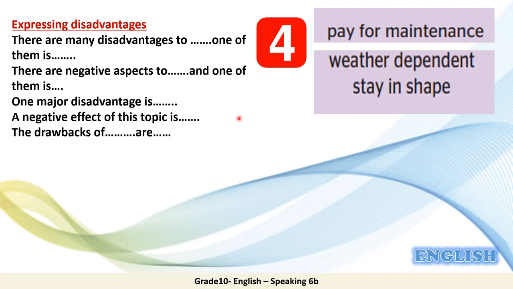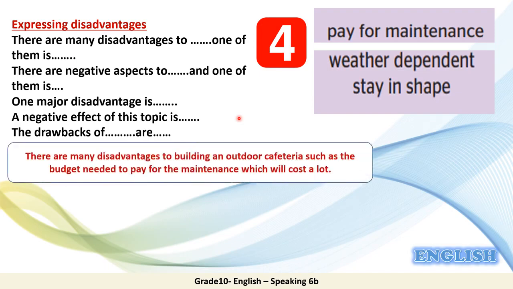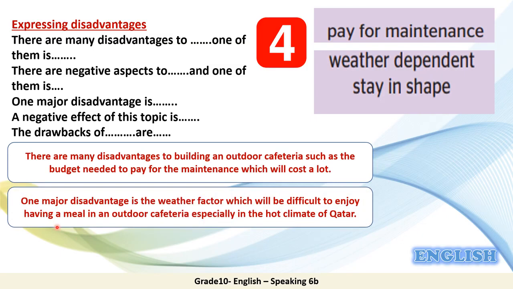Let's check the sentences. We can say, there are many disadvantages to building an outdoor cafeteria, such as the budget needed to pay for the maintenance, which will cost a lot. Or we can say, one major disadvantage is the weather factor, which will be difficult to enjoy having a meal in an outdoor cafeteria, especially in the hot climate of Qatar.